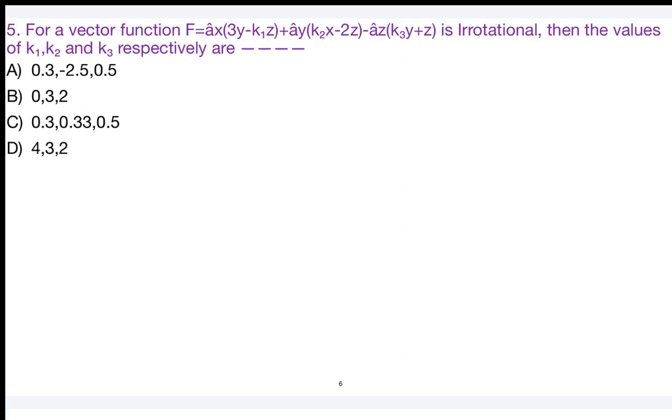Since it is rectangular, what is the formula for curl? This is a repetitive thing, what we are doing. In rectangular, you forget about the scaling factors. Ax, ay and az, then dou by dou x, dou by dou y and dou by dou z. And the third row will be the coefficients.